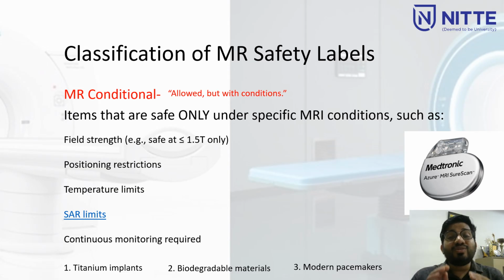So you have to make sure that the implant is lying well away from the bore of the magnet. That should be ideal. That is what positioning restriction I have discussed here. And biodegradable materials are safe only after the material has fully healed or integrated, then we can use. So if a biodegradable material is already implanted, after healing or full integration, then you can do the particular MRI investigation.